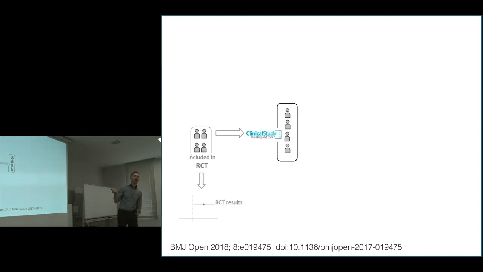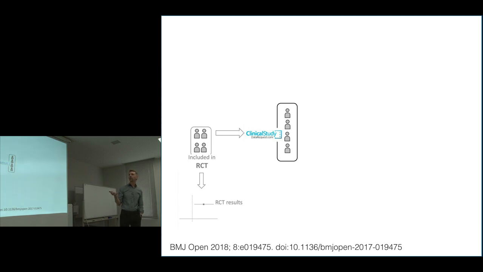Okay, and the way that this works is that we start off with a real randomised trial that was done some years ago, and we already know the results. We can access the individual patient data for that trial.